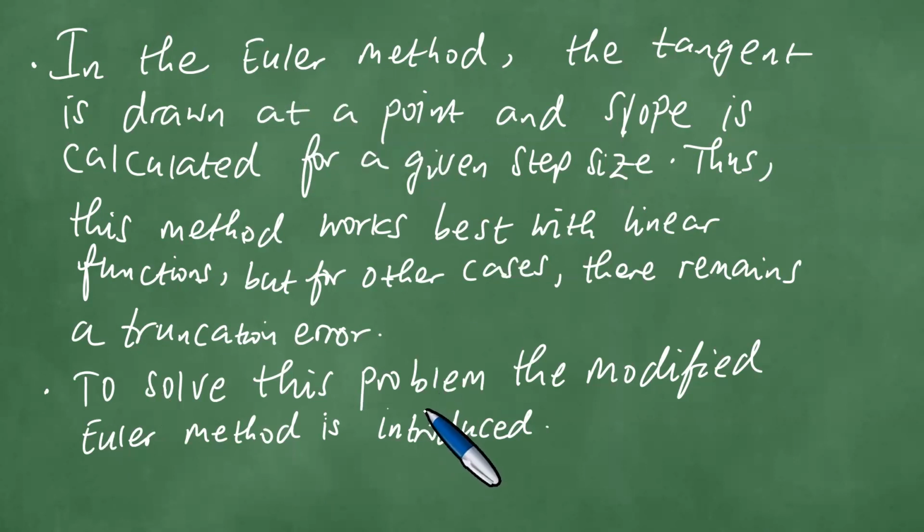You really can see the discrepancy between the exact value of a function and the value of the function using any of these methods here. So to solve this problem, the modified Euler is introduced. I want to mention more.